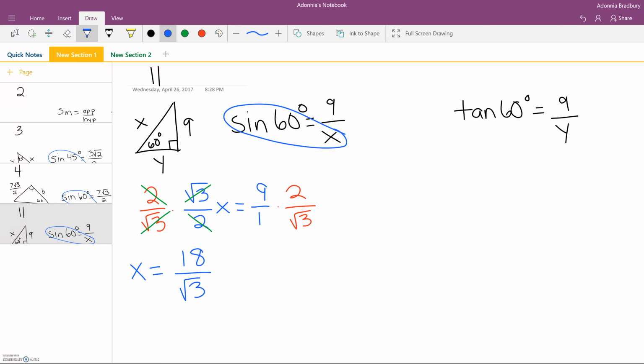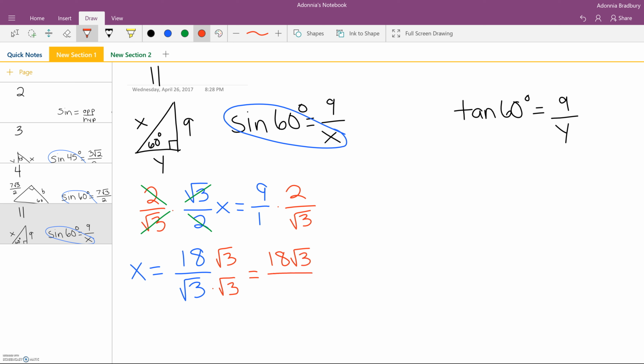So if you guys remember at the beginning of the year when we covered radicals, we cannot have a radical in the denominator. So in order for us to make this problem correct, we want to multiply by that radical 3. Whatever we do to one side of the fraction, we have to do to the other side of the fraction. So we end up getting 18 radical 3.